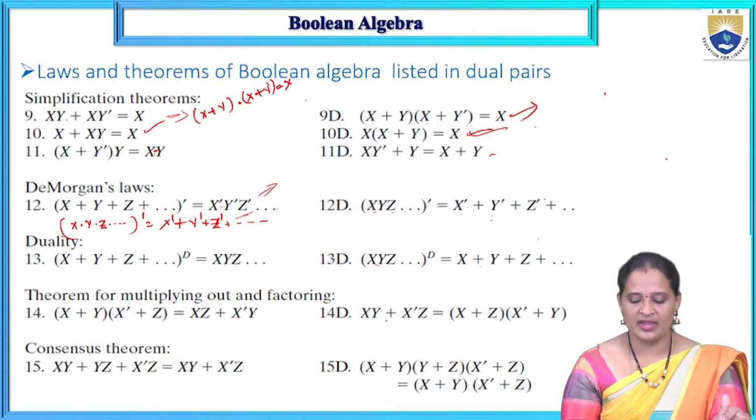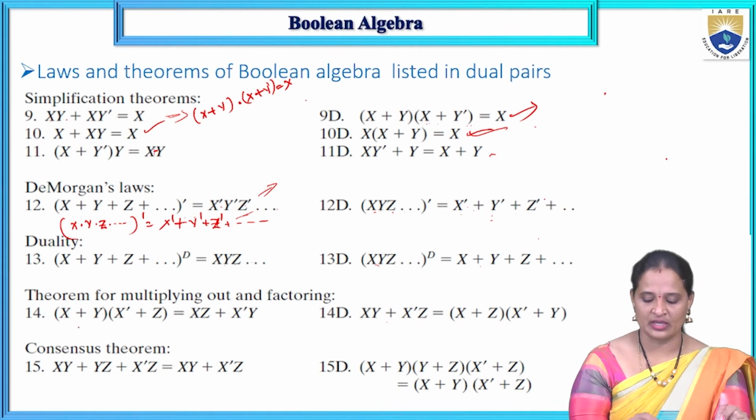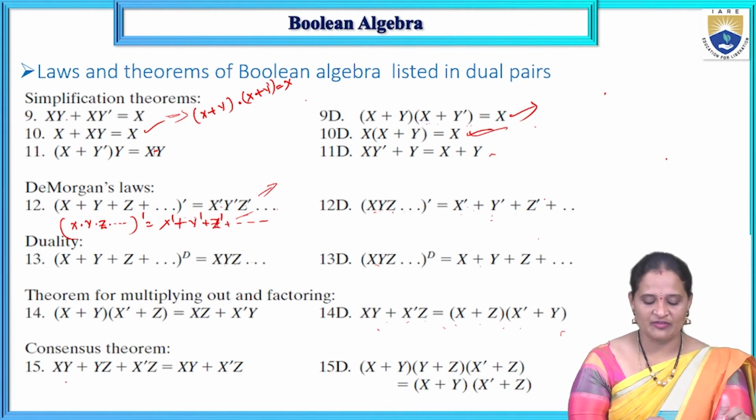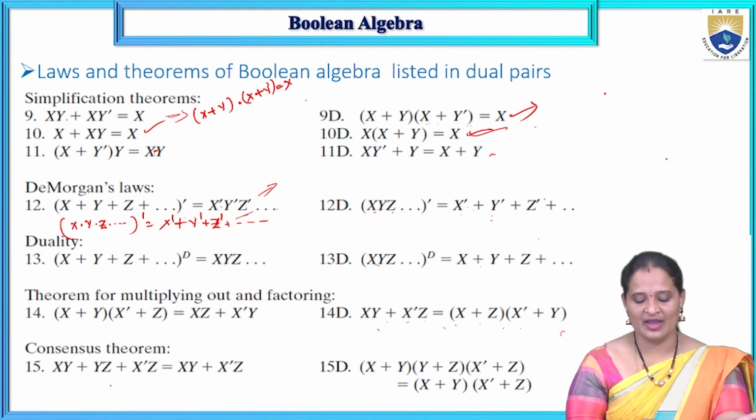Now xy plus x complement z is equal to x plus z, this is the dual of this one, xy plus x complement z is equal to x plus z into x complement plus y. Then the consensus theorem, this is another theorem. So xy plus yz plus x complement z is equal to xy plus x complement z.